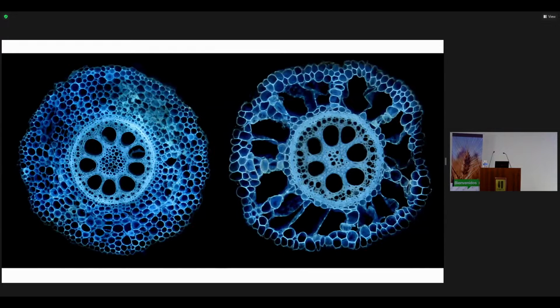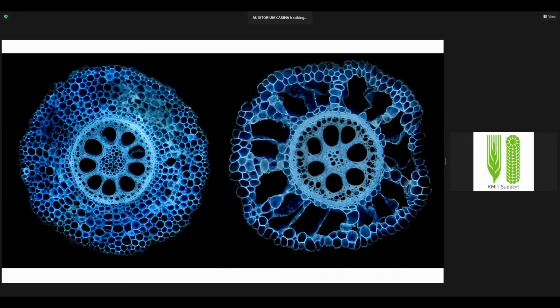For example, we have the stele, which is the central cylinder of the root, and we have the cortex. And in the cortex, we have the cortical cell size, and we have the number of files in the cortex. These two traits in combination give the total root diameter.